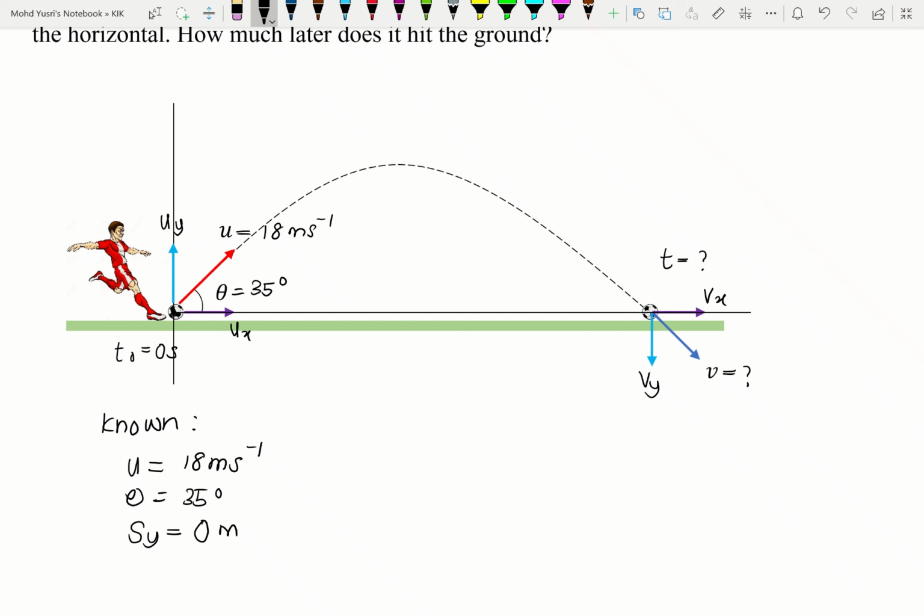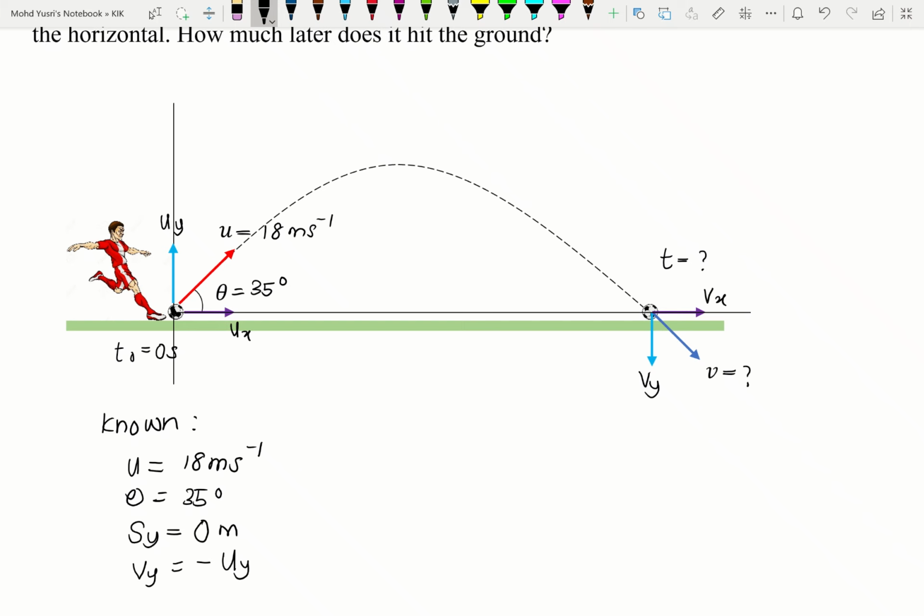The second hidden information is that the velocity in the y component just before the ball hits the ground is equal to the negative of the initial velocity in the y component. This relation is true because the ball returns to its original height.